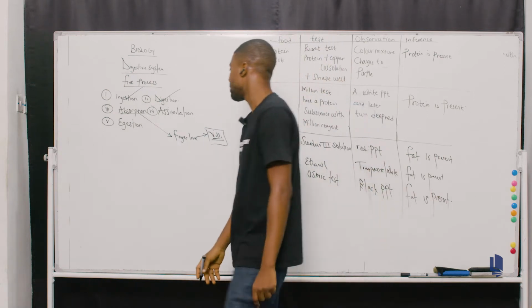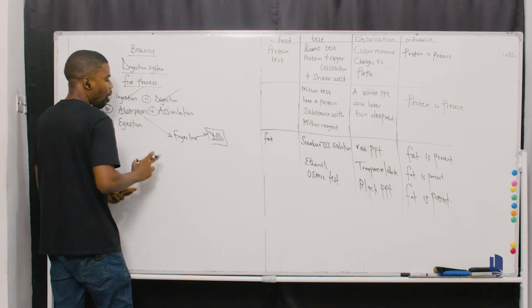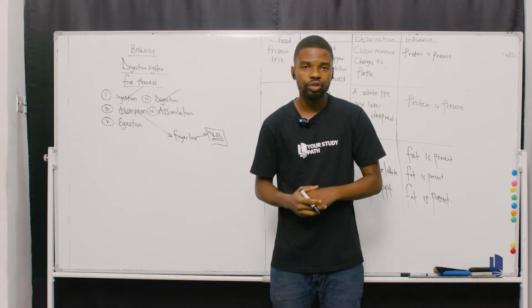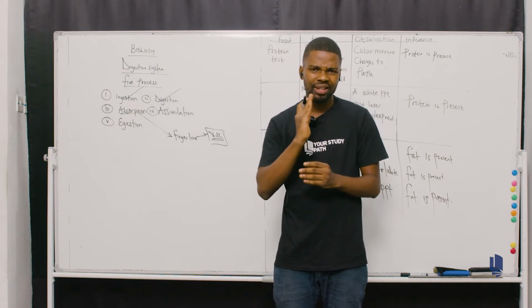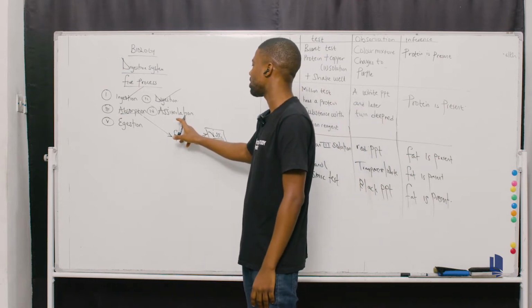Now, listen. After absorption is done, all food nutrients are now passed into the what now? The bloodstream. Immediately absorption is done, the food is passed into the bloodstream. Therefore, it leads to what we call assimilation.